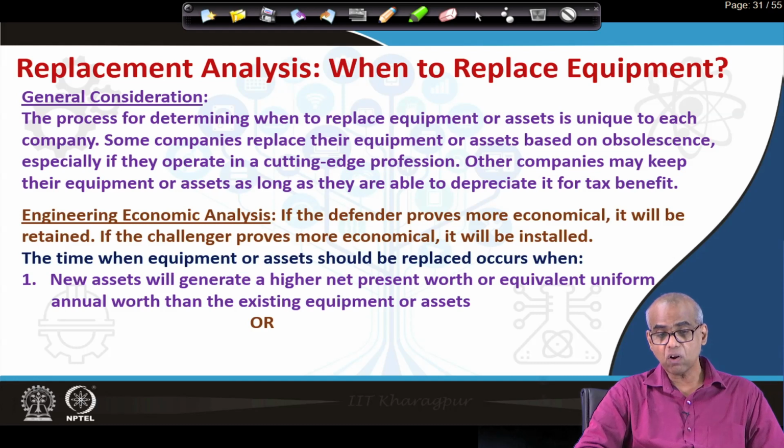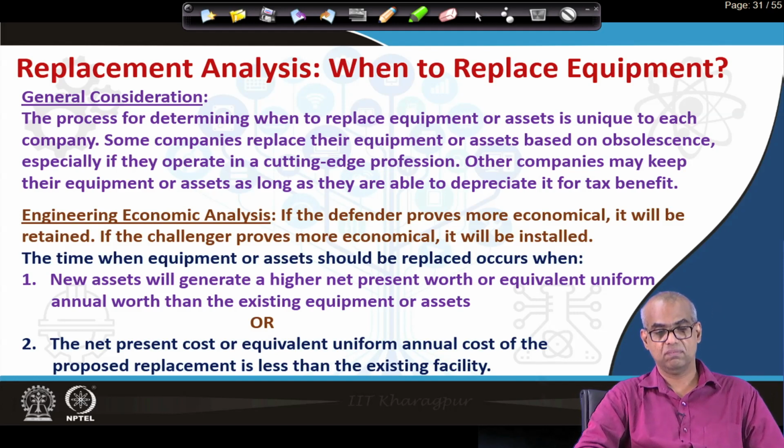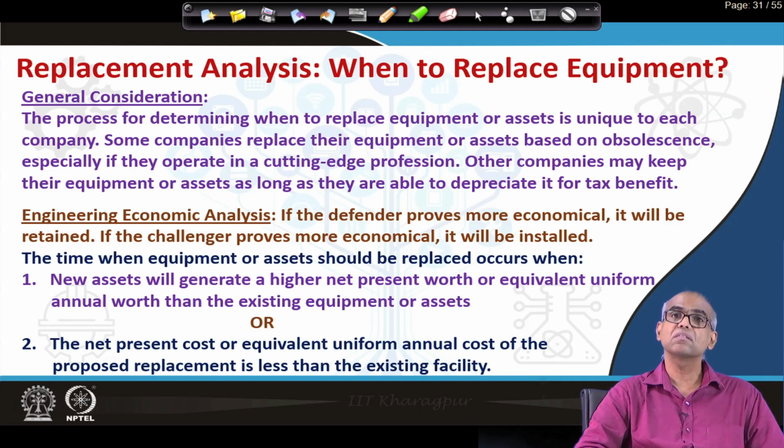The time when equipment or assets should be replaced occurs when new assets will generate a higher net present worth or equivalent uniform annual worth than the existing equipment or assets, or the net present cost or equivalent uniform annual cost of the proposed replacement is less than the existing facility. These two sentences essentially mean that if the Defender is more economical, it will be retained, or if the Challenger is more economical, it will be installed.